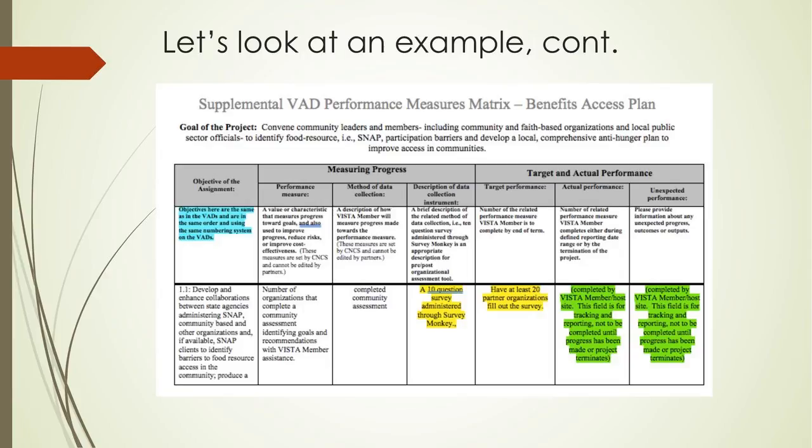So as I mentioned before, I only included one objective as an example in the VAD. So for you, you might have more than one supplemental matrix to fill out. So you just take the different objectives that you list and compare them to the slides I have in this presentation, and then you'll fill out the accompanying supplemental matrix.